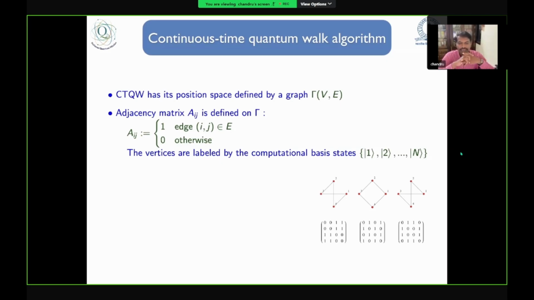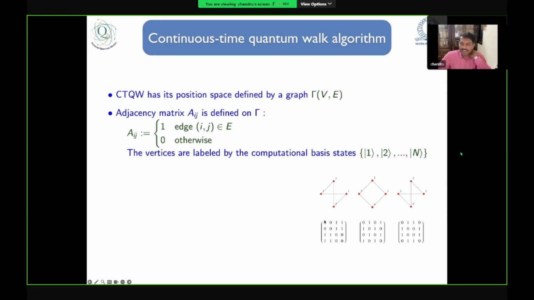This graph matrix we call the adjacency matrix, which shows how the graph is connected. If the edges are connected, I fill this matrix element as 1. If the edges are not connected, I fill it with 0. There are a few examples I'm giving here, with states 1 to n, say 1, 2, 3, 4.